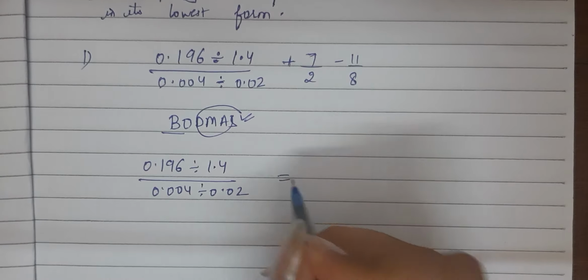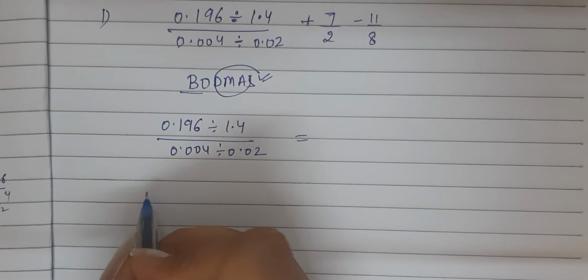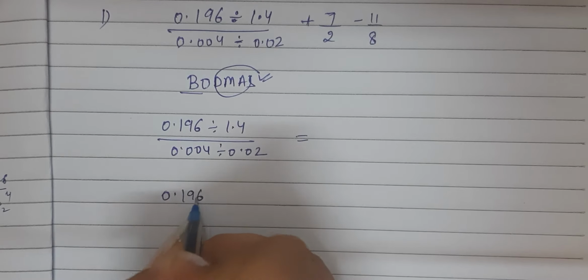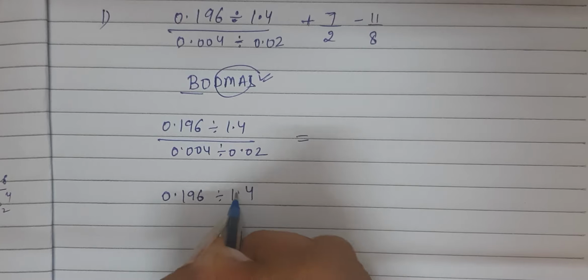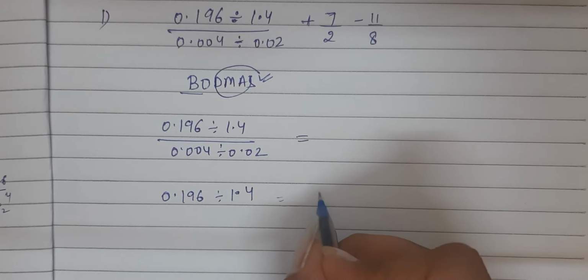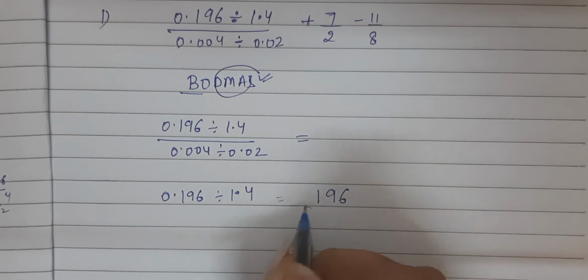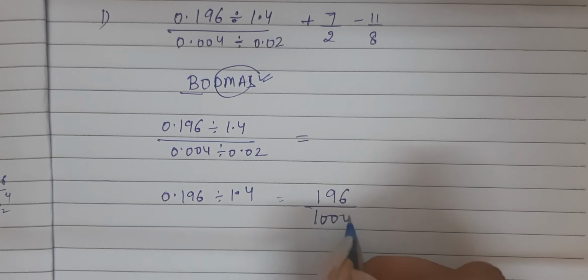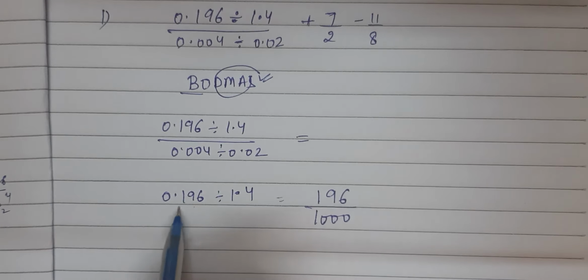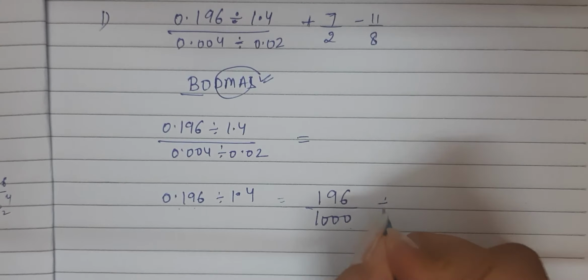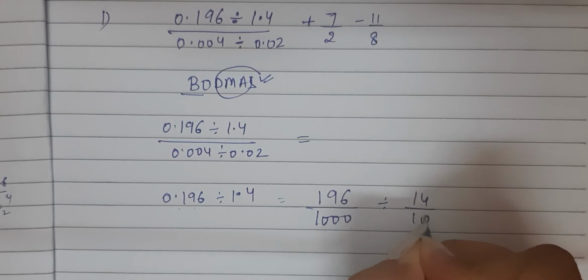First, 0.196 divided by 1.4. Let us write the numbers in p by q form: 196 upon 1000, that is 3 zeros, divided by 14 upon 10.